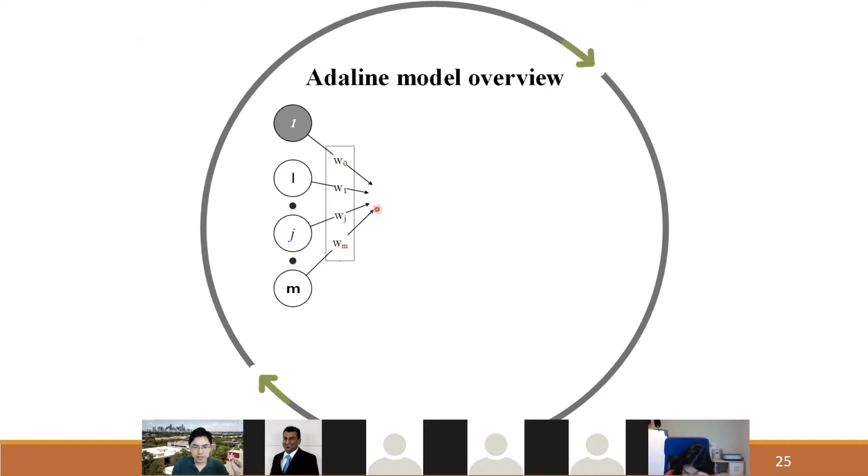With this notation, it's fairly straightforward to think of the first step, which is the sigma net input step. I use Z to refer to the net input. And this sigma is simply the weighted sum of the input variables for every row of the data set.